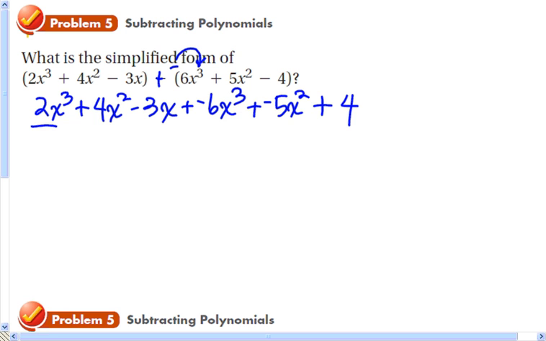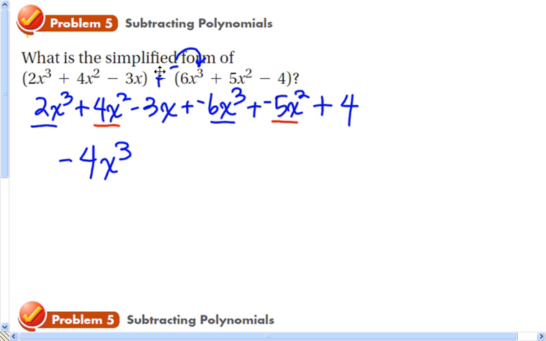Now we're going to combine like terms. And I'm going to suggest you do this a little different. When you look at the next problem, you'll see that they want you to line these up like addition, but I'm just going to underline the like terms and then combine them. And that's all I have for like terms. The blue underlined terms, 2 plus negative 6x to the third, that's my highest power. I'm going to do that first. You get negative 4x to the third.